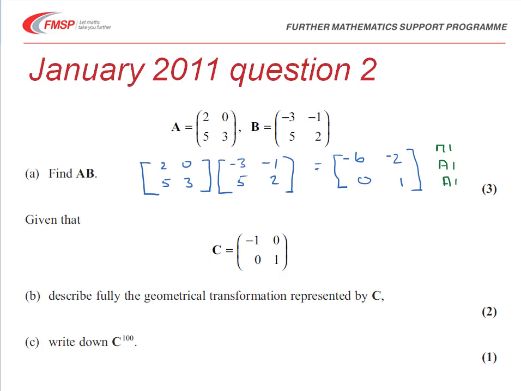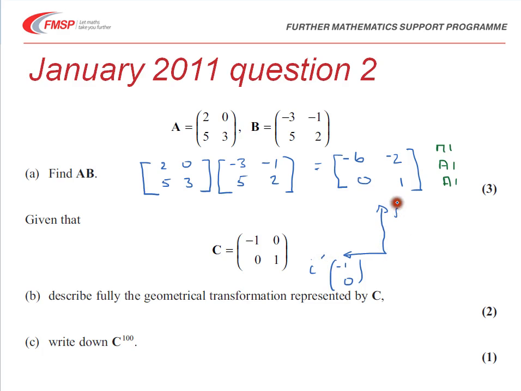The second part of the question goes on to look at this idea of the unit vectors. So this one here, we've got i dashed is at -1, 0, so this is i dashed. And j dashed is at 0, 1.